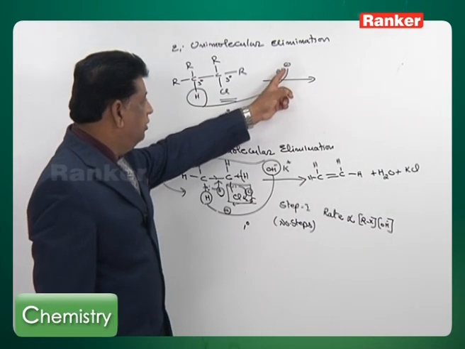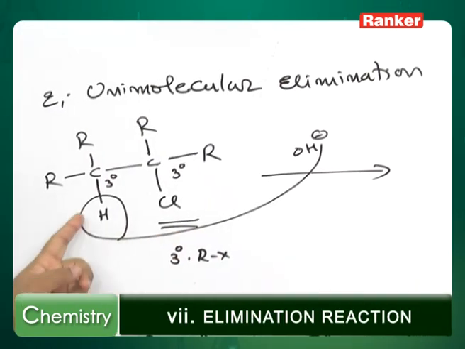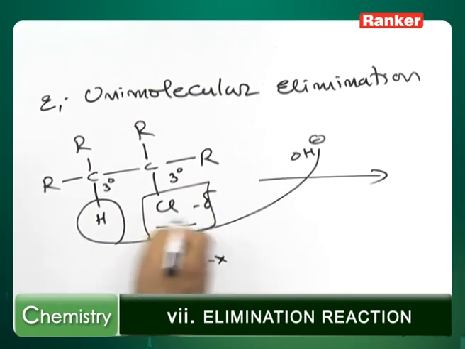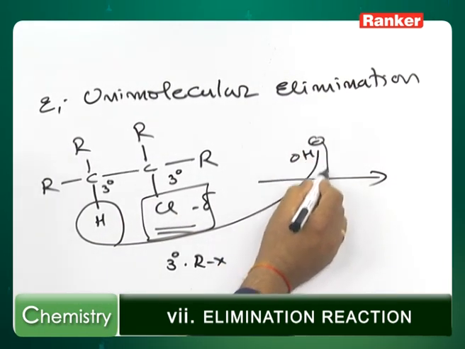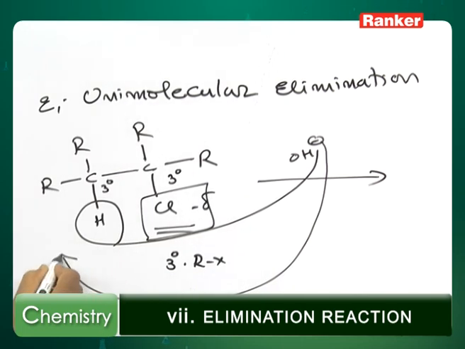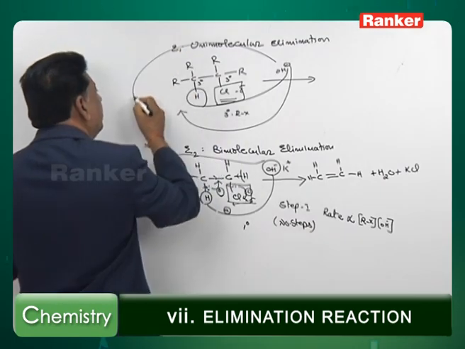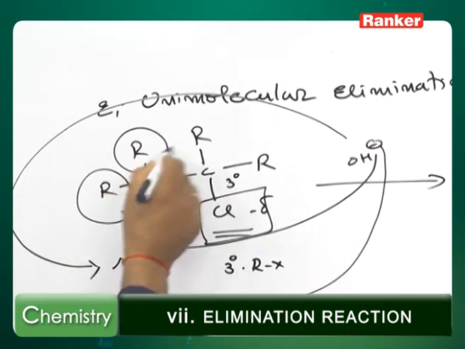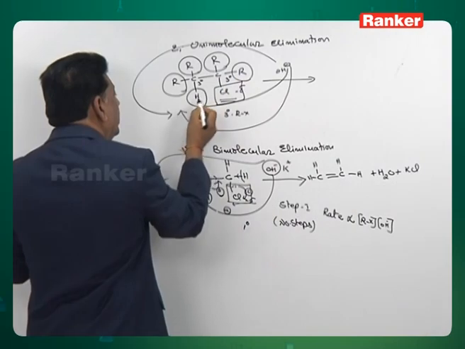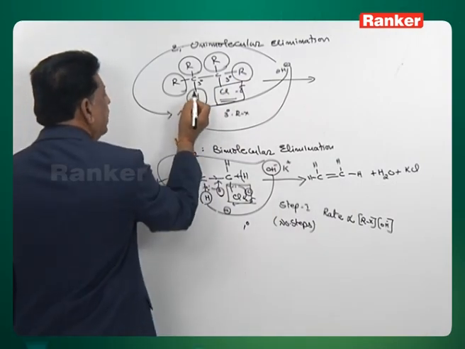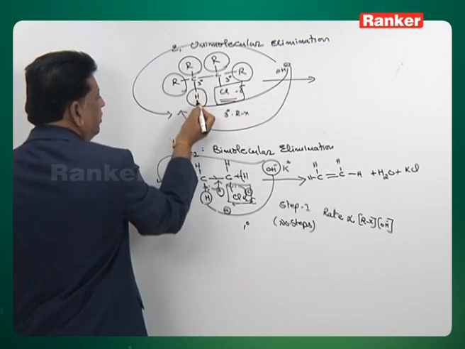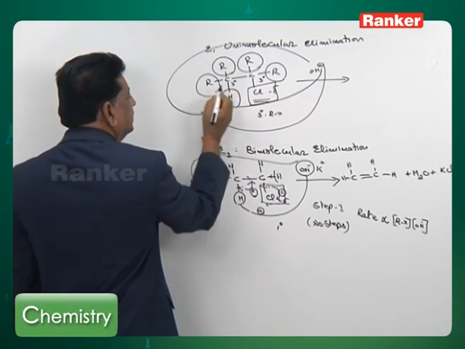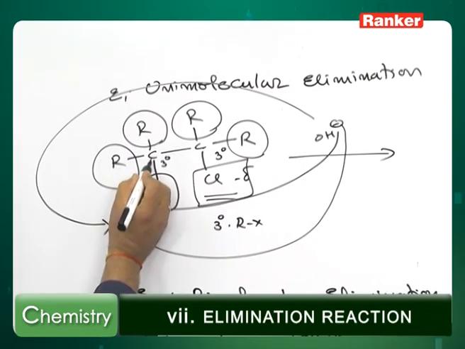As usual the OH would like to come from the side of the Cl, but the Cl is delta negative, so it will have a repulsion. So the OH either has to come from away, or from the other side. The size of the alkyl groups is so big when compared to the hydrogen. Though I have written almost the same size right now, if you see the size of alkyl versus hydrogen, the hydrogen size will be very small.